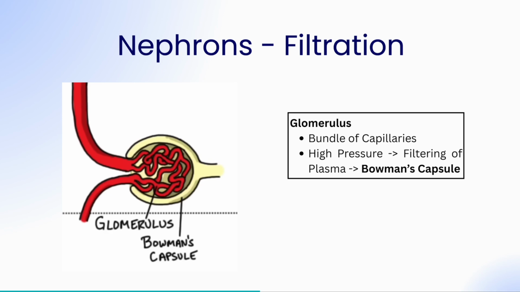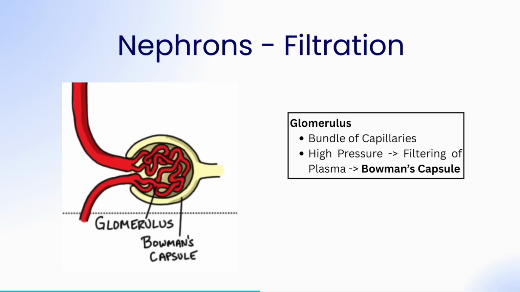It's basically a small ball of tiny blood vessels called capillaries, surrounded by something called the Bowman's capsule. The glomerulus has very high pressure, which results in the smallest parts of the blood being filtered out. Just think of it like a sieve, right?